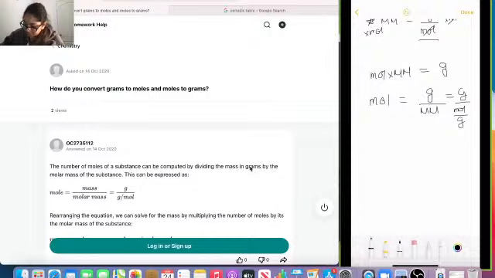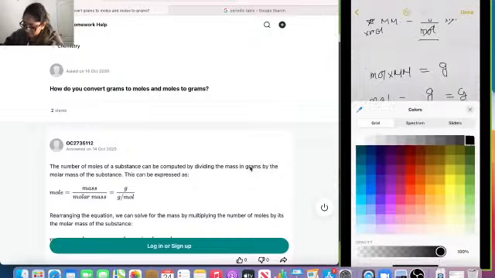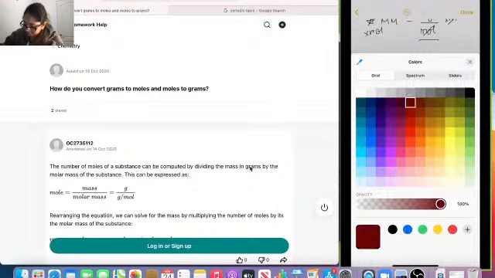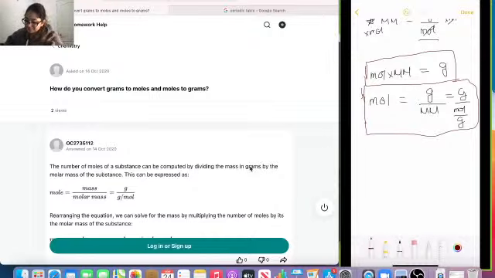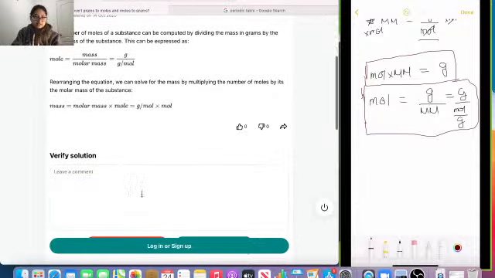This is how you get grams, and this is how you get moles. You just need to have the molar mass, the moles, or the grams to find any of them. And yes, this is correct.